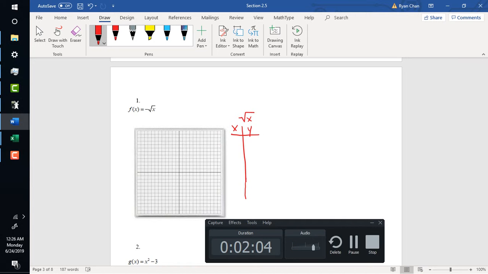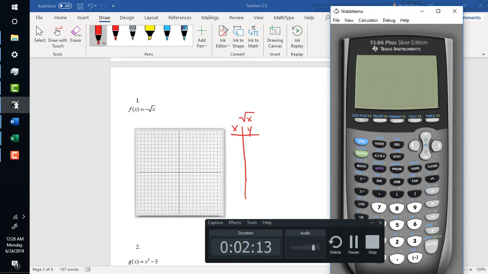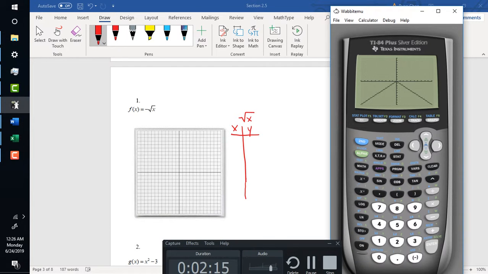What you can do is use your calculator first, right? And I can graph square root of x. Okay, so I graph it, it looks like this.